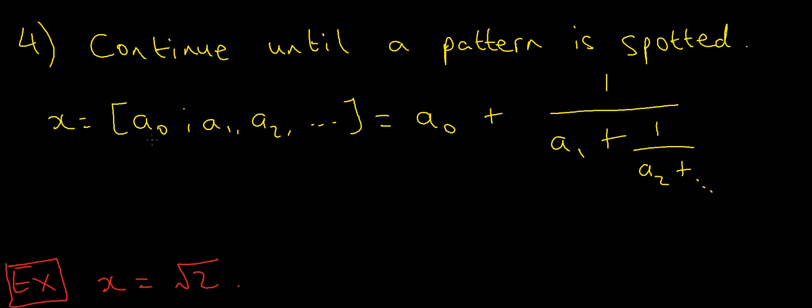But once you've found these an terms, then x is just going to be the continued fraction of a0, a1, a2, etc. So the terms in the continued fraction expansion are just going to be exactly the terms that we found in the sequence above. So it's going to be a0 plus 1 divided by a1 plus 1 divided by a2, and so on and so forth.